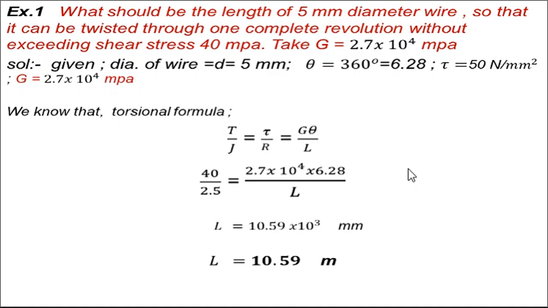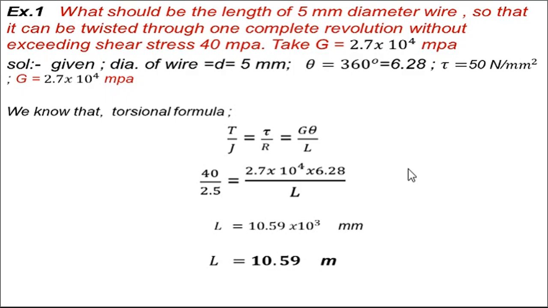Whenever the wire completes one complete revolution, the angle of twist is 360 degrees. So one complete revolution means a rotation of 360, and that is why theta is taken as 360.